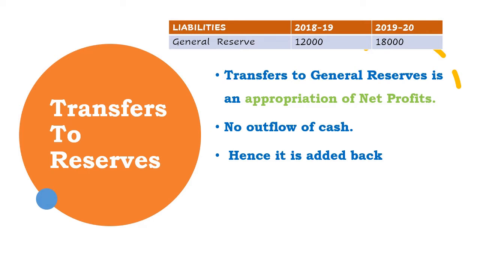But when you are adding general reserve, we should take into consideration only the difference amount, because last year we kept 12,000 aside. This year we are keeping reserve amounting to rupees 18,000, so there is a net difference of rupees 6,000 which we have to add back, amounting to rupees 6,000, not 12,000 or 18,000.